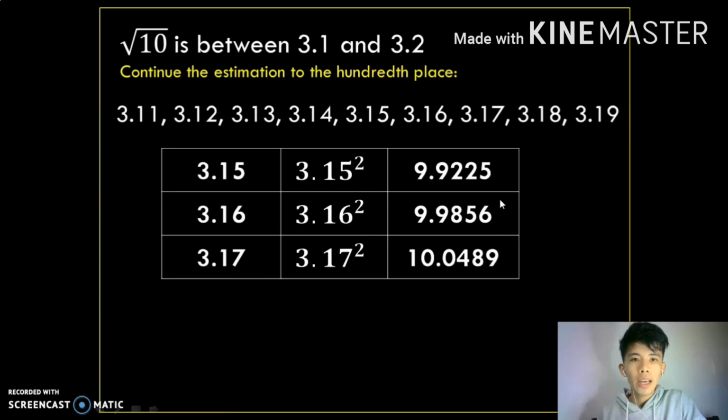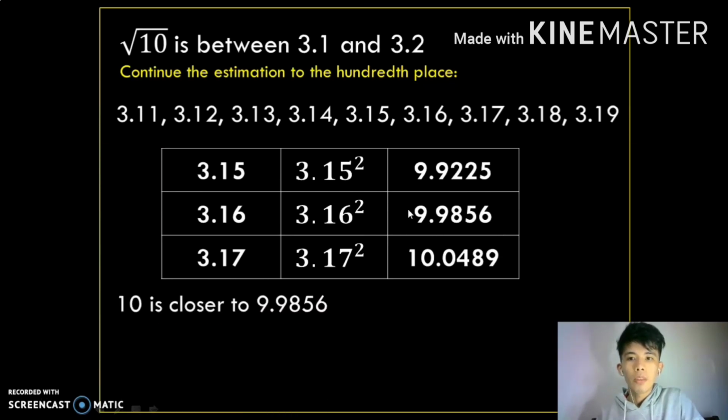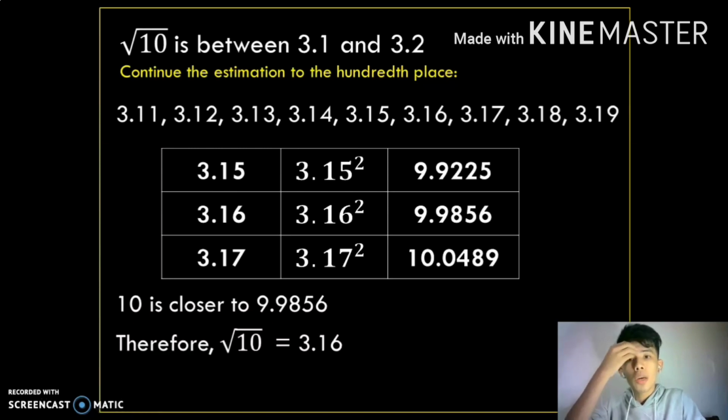Pinakamalapit ang 10 dito sa 9.9856. Therefore, ang square root ng 9.9856, kasi ang square root, reverse lang yan ng squaring a number. So, ang square root of 10 is 3.16, kasi doon pinakamalapit. So, that's how you estimate square root.